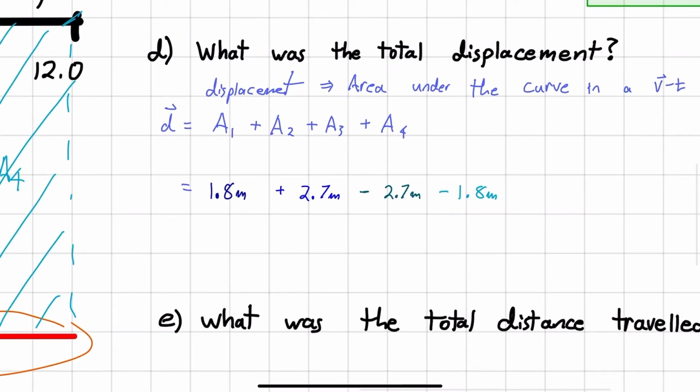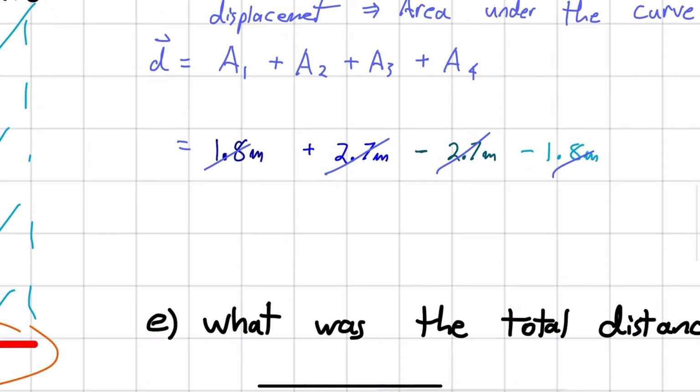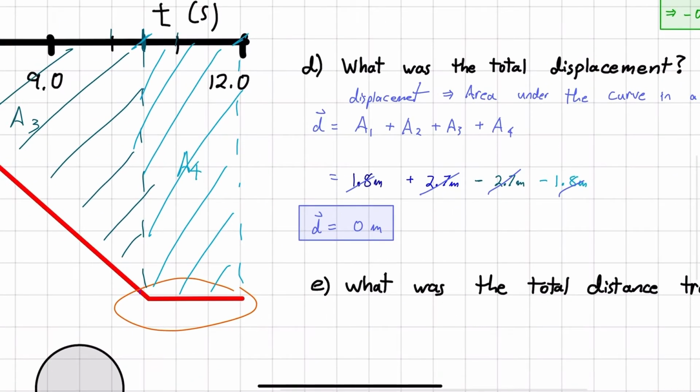Now, what do you notice here? Well, our 1.8s cancel out, and our 2.7s cancel out. So our final answer for the displacement is 0 meters. It wasn't that anticlimactic. All that work just to calculate 0 meters.